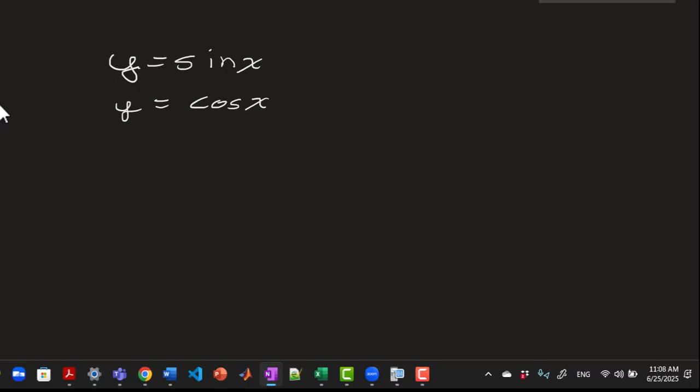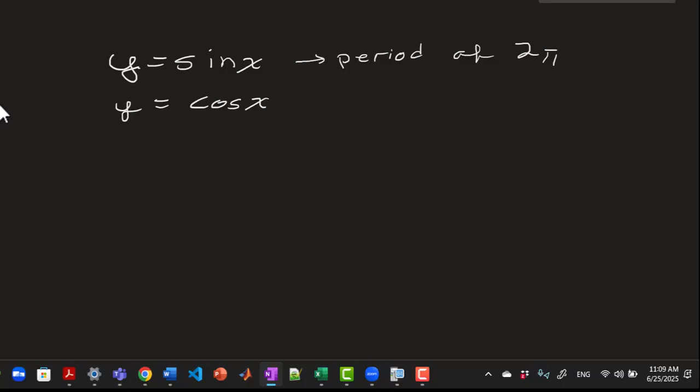So y equals sine x, one thing you need to know about it is that it has a period of 2 pi. What that means is it repeats itself every 2 pi. And the 2 pi is in a unit called radians, and I'll explain those in another video as well.